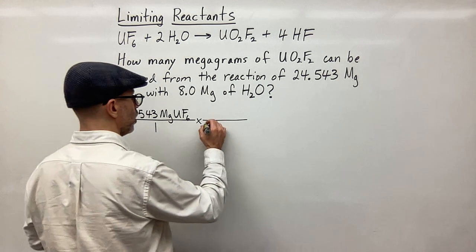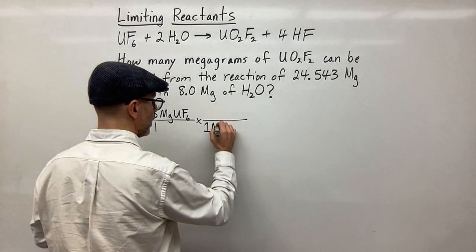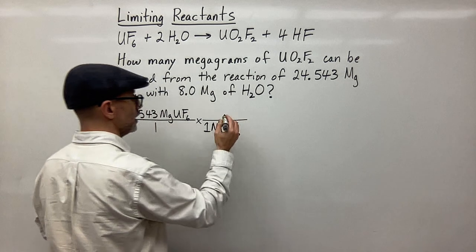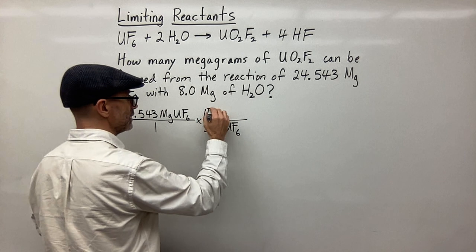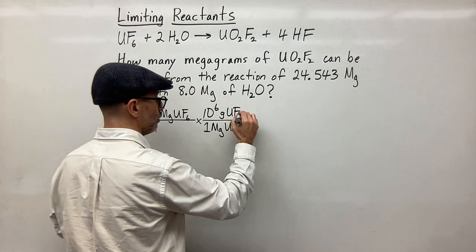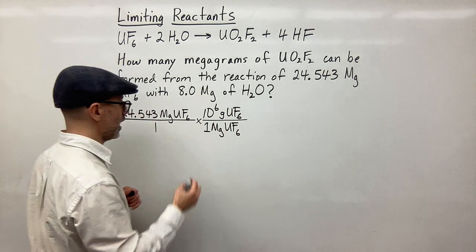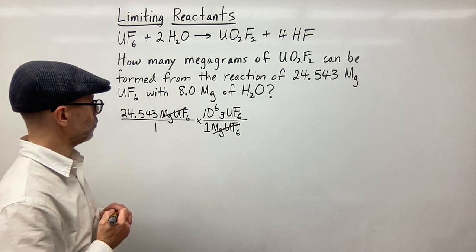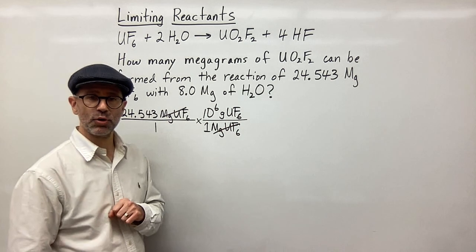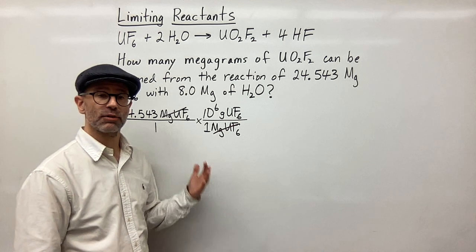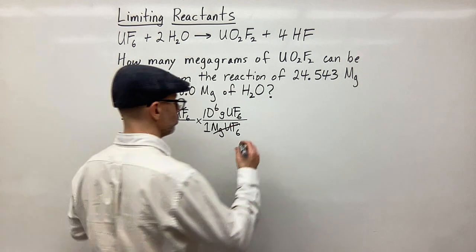So I'm going to put 1 megagram of UF6 on the bottom and 10 to the 6 grams of UF6 on top. So megagrams of UF6 cancel out. Now I have grams of UF6 on the top.